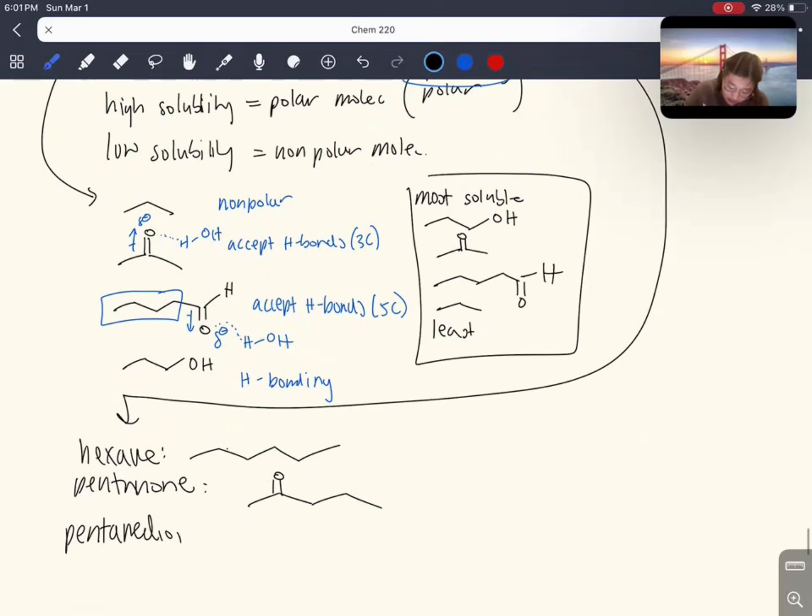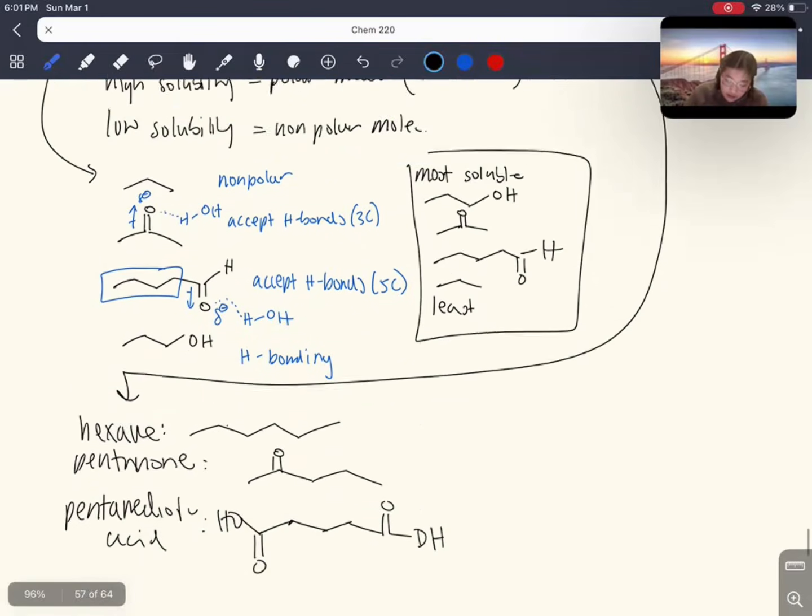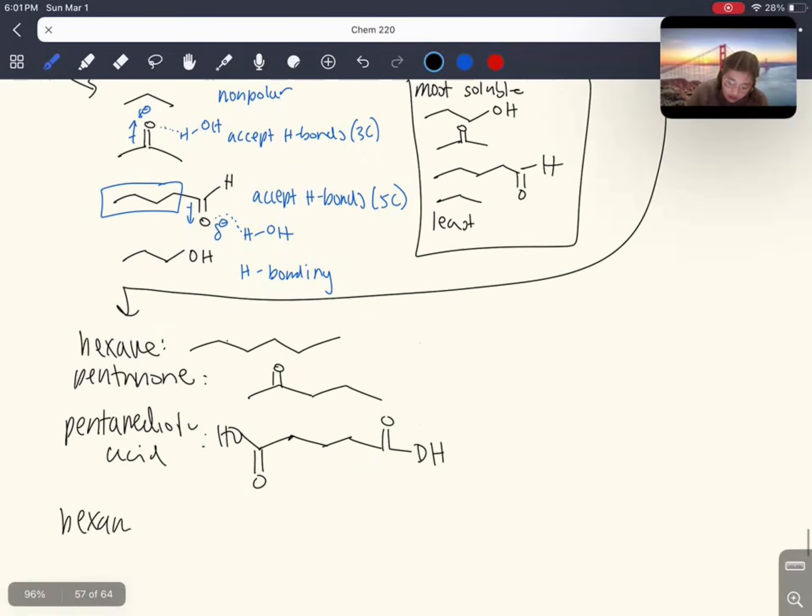You're going to have five carbons, and on the two ending carbons, you're going to have carboxylic acids. And then your last molecule is going to be hexanol, and you're going to have six carbons. And then you're going to have an OH group.